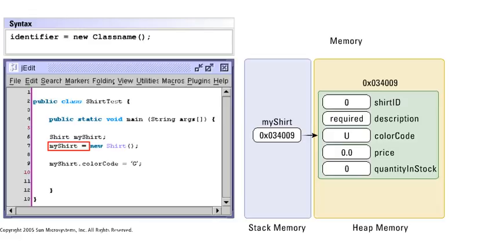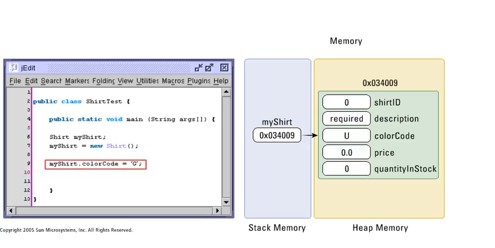This then creates a sort of link between the myShirt variable and the shirt object itself. And then again, using this reference, we can access the object's attributes like shirt ID, description, color code, or access its methods, such as display shirt information.